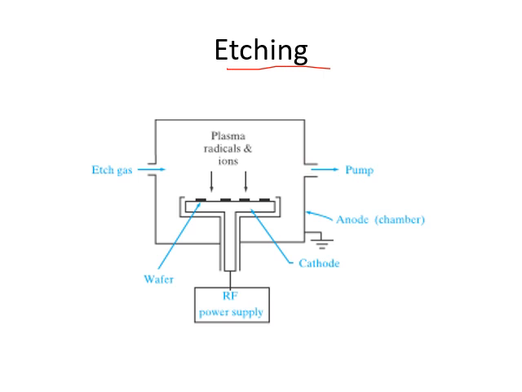Then we went through etching, where we saw wet etching was used in the previous days, but nowadays we are using plasma based dry etching, where plasma radicals and ions are bombarded, and because of that the unwanted particles will be etched away.